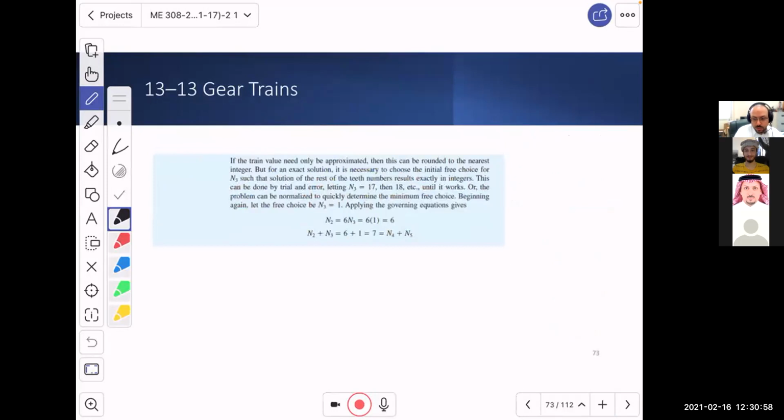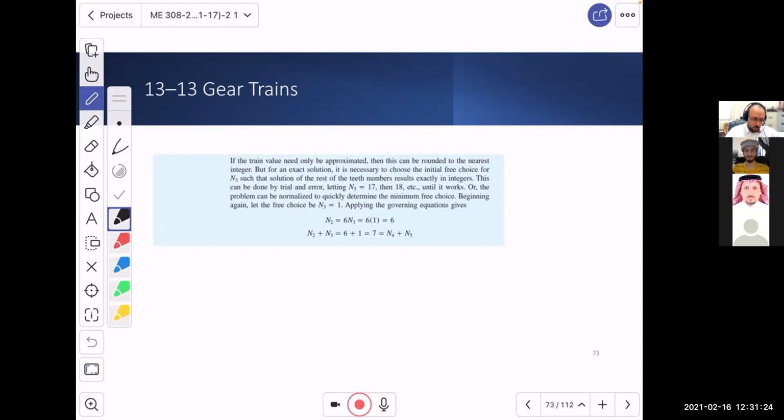So the solution of the book says, okay, how about if we normalize the problem in the sense that we will assume, very funny, but we will assume that gear number 3 has 1 tooth. I want to see what the others will have.